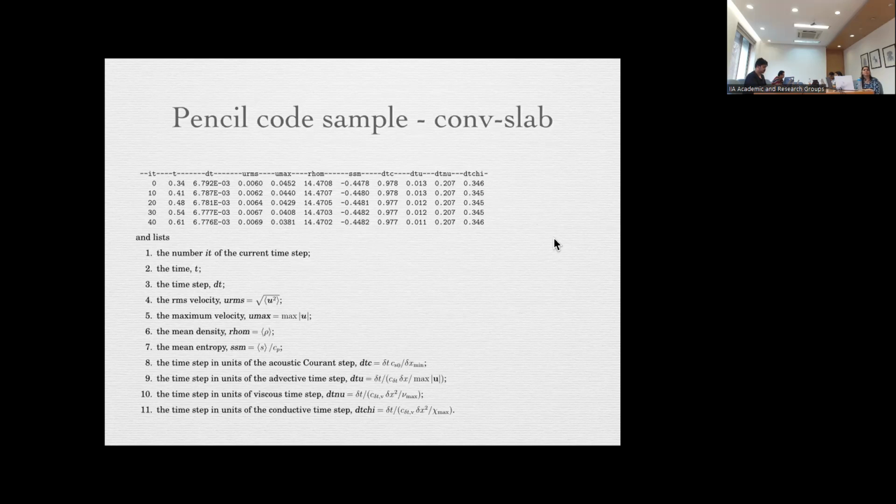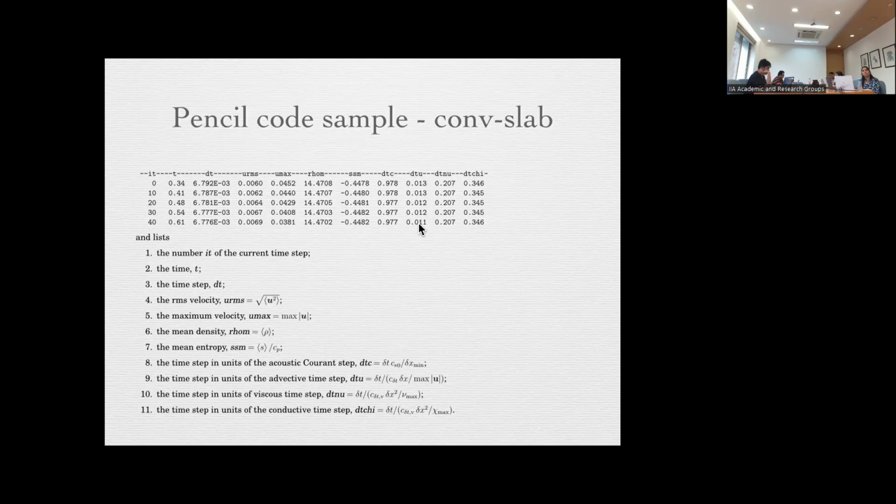These are some of the diagnostic variables, but these have a single value, the scalar diagnostic variables. Either they have been volume integrated, or they are a maximum or minimum of a particular quantity, or they give you the time step constraint from different modules. So DTC is the time step constraint because of your sound speed, for example. It is coming from the density module.